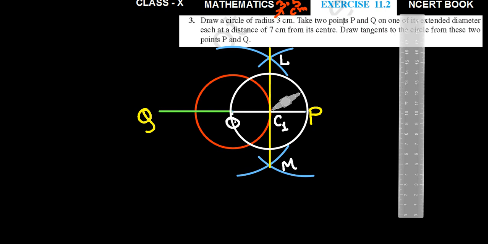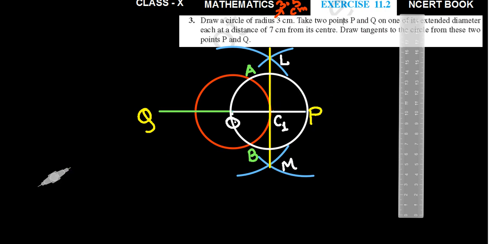You can see the white circle is intersecting the red circle at A and B. These are the intersection points. Okay.